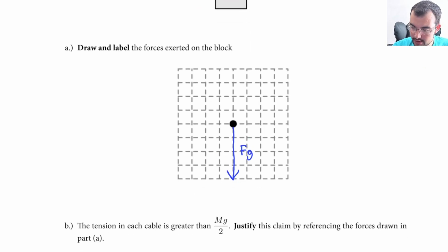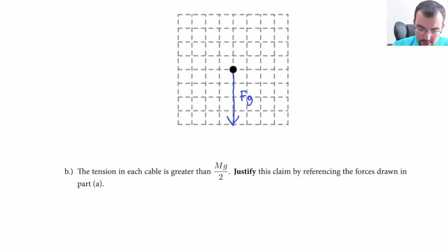So notice here that my mg was 1, 2, 3, 4 units long. So this means that each cable must be balancing half of that weight with its upward component. So as long as I do two cables with upward 2, it's fine regardless of how I draw them.